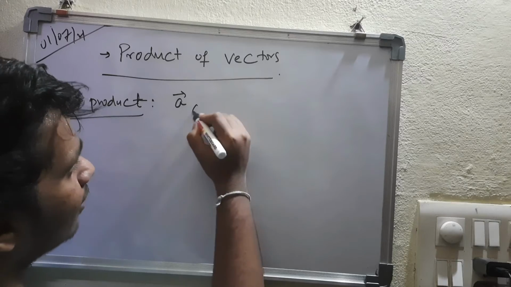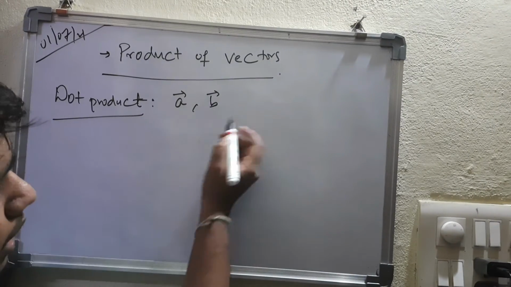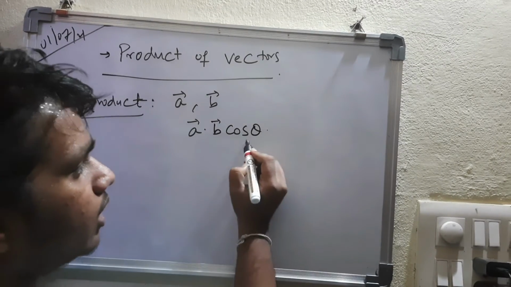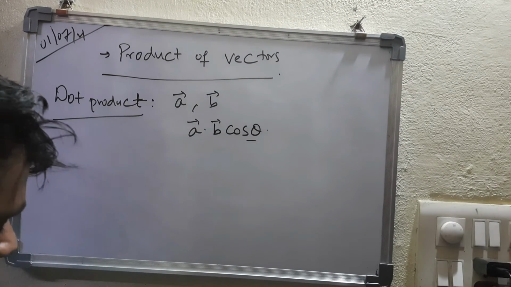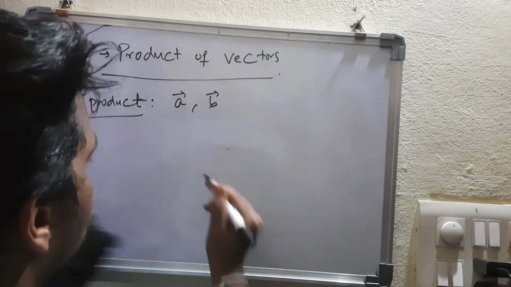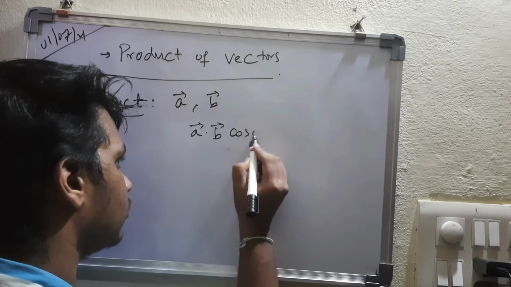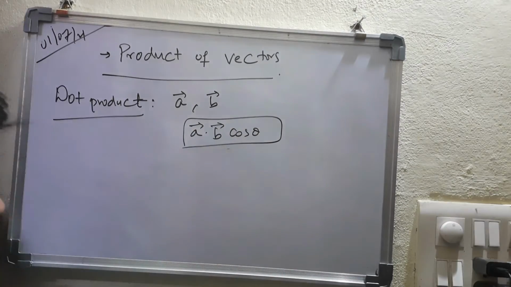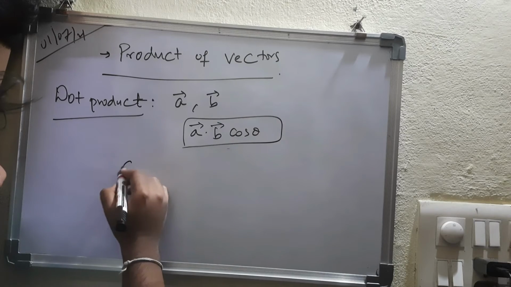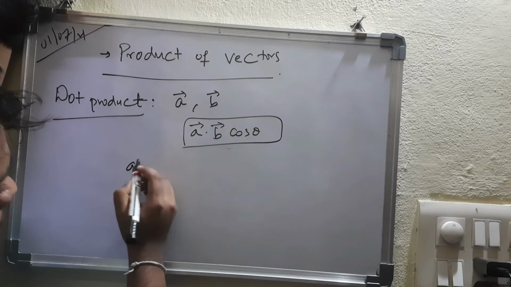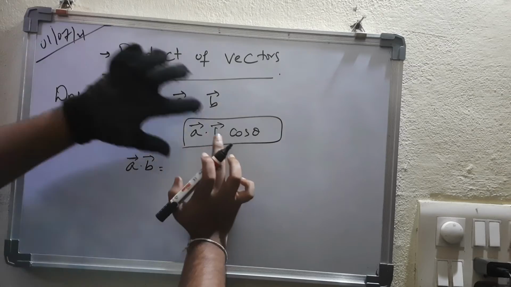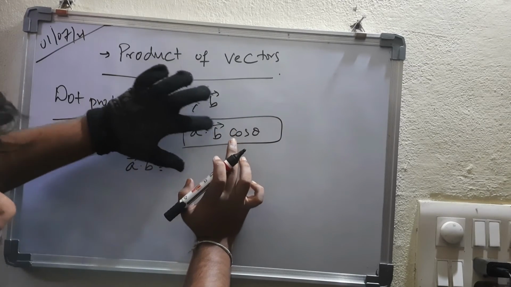Let one vector be A and the other vector be B. Then the dot product between A and B will be A dot B equals A B cos theta, where theta is the angle between A and B. I wrote this arrow mark, which shouldn't come here.